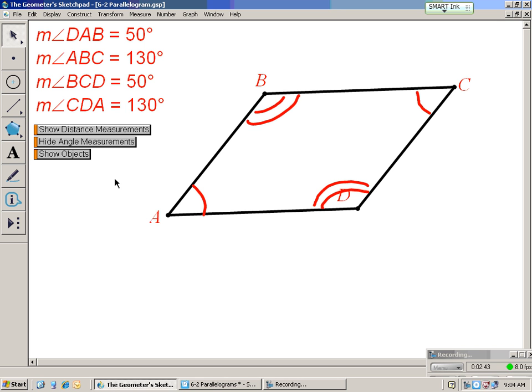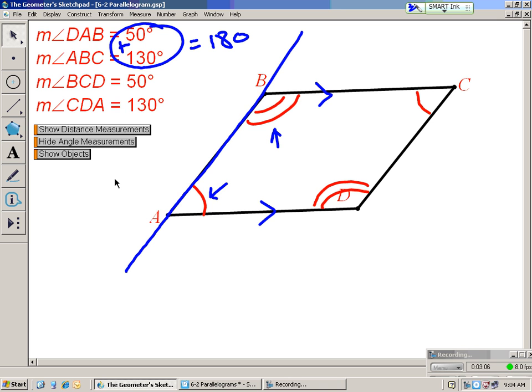The second thing that you may notice is that the consecutive angles, the angles that are next to each other, for example, A and B, add together to be 180. In other words, the consecutive angles are supplementary. Now that shouldn't surprise you because these are parallel. So if you think about this as a transversal, then those angles are same side interior angles.